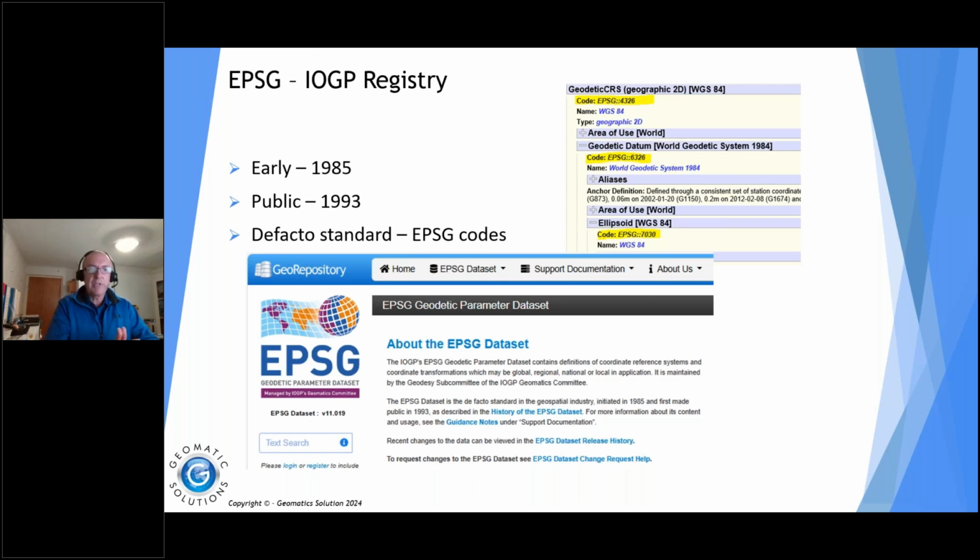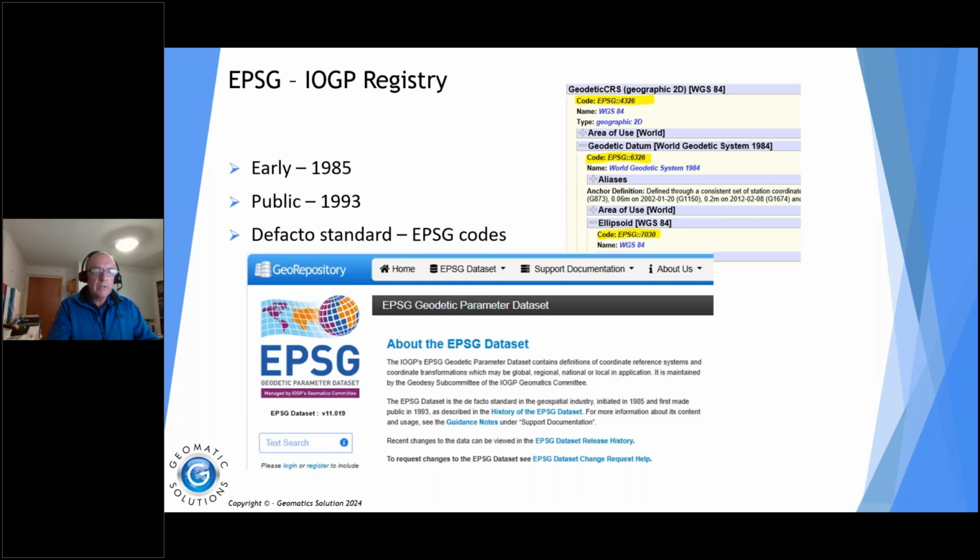So EPSG is short for European Petroleum Surveyors Group, and they all came together and said we need to have a central registry so that when we share data with each other, we actually know what the CRS definitions are. And if you tell me that I'm using code 32635, I can go to this central registry and pull out all the data I need and then create that in my own CRS catalog or in my own applications.